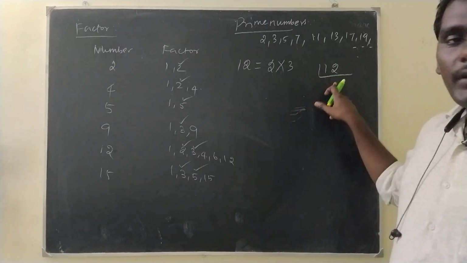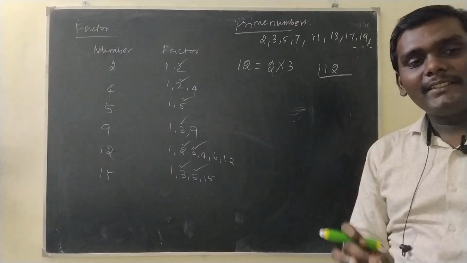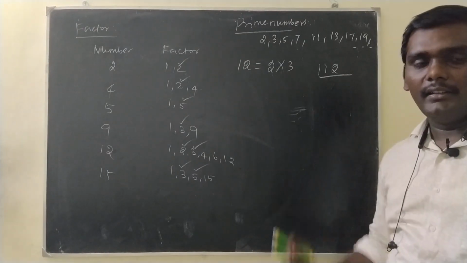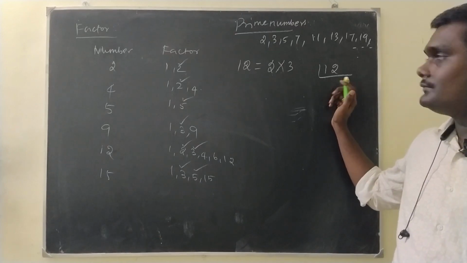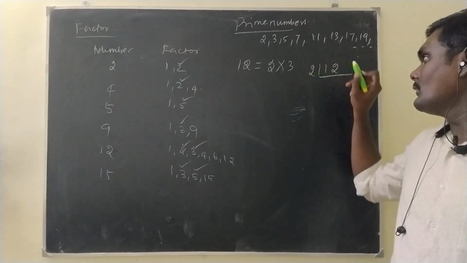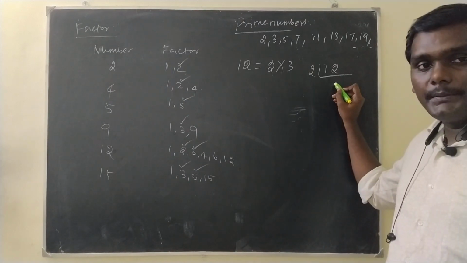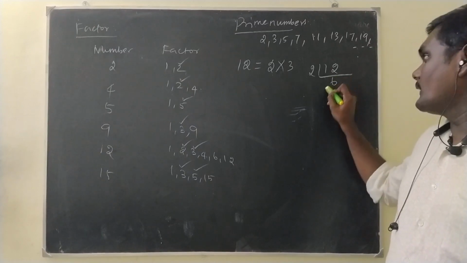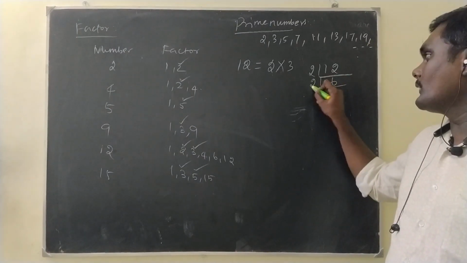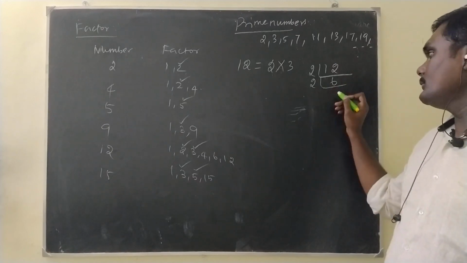Now for this composite number, we should start dividing it by the least prime factor that can divide it. What is the least prime factor that can divide 12? 2. When you divide 12 by 2, what do you get? 6. Again we continue the process. The least prime factor that can divide 6 is 2.